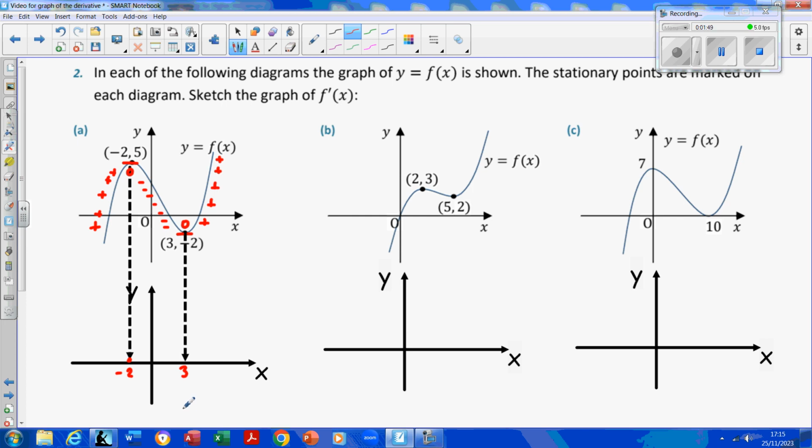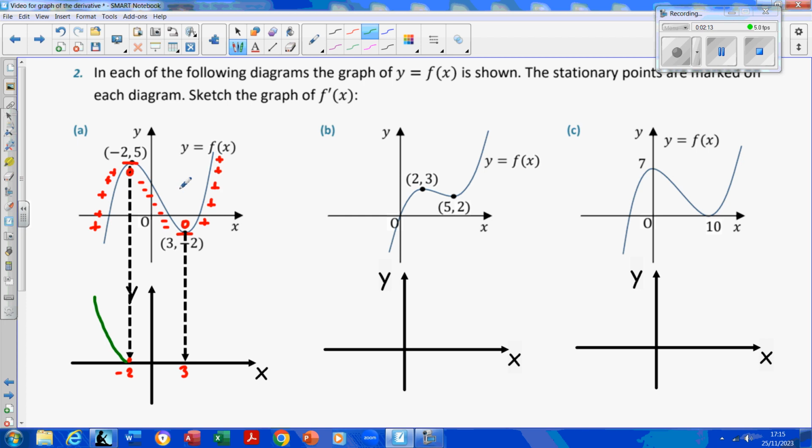But we've got another clue. If we have got two stationary points, then what happens is it reduces down to one stationary point. So this is going to end up as a parabola. So we'll now draw it. So what we've got then is we've got to draw the graph above the x-axis, so there it's above the x-axis, it's coming down to that 0.